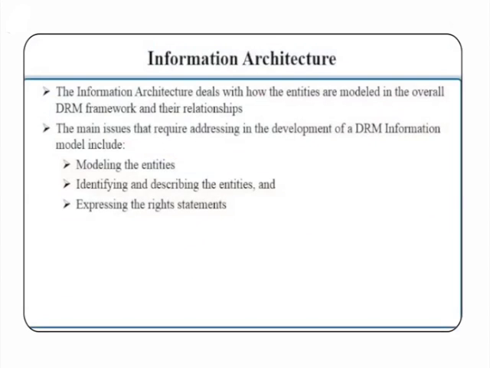The information architecture deals with how the entities are modeled in the overall DRM framework and their relationship. The main issues that require addressing in development of the DRM information model may include modeling of the entities, identifying and describing the entities, and expressing the rights statements.